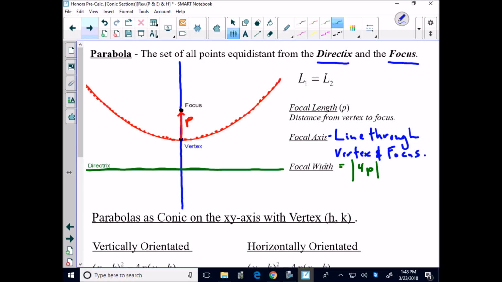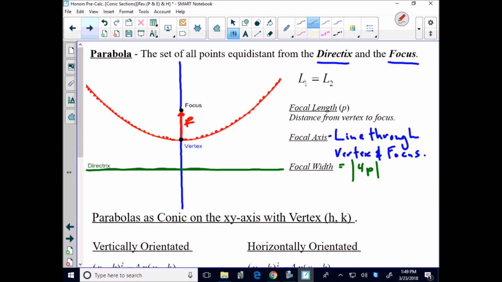The vertex of our parabola is the point that minimizes that distance from the focus and from the directrix. We say that the focal length is the distance from the vertex to the focus, and that's this length right here, from the vertex to the focus.